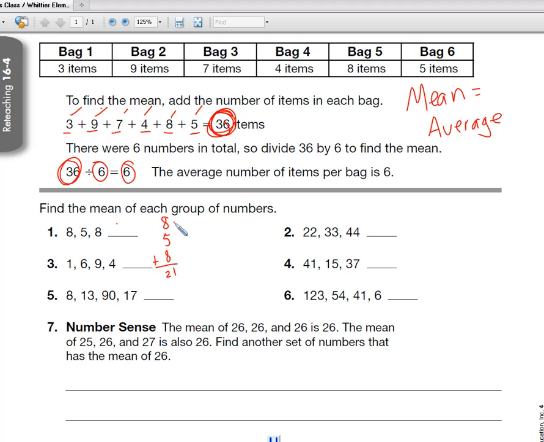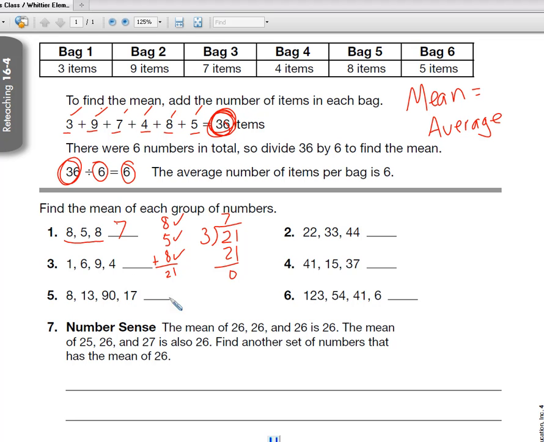Now since we had 1, 2, 3 values, we're going to divide the sum, 21, by 3. So 21 divided by 3 is 7, because 7 times 3 equals 21. So the average or the mean of these three values is 7.